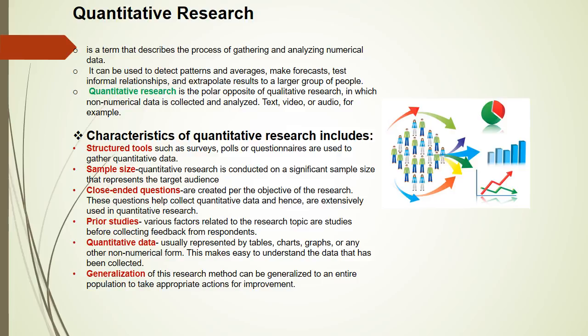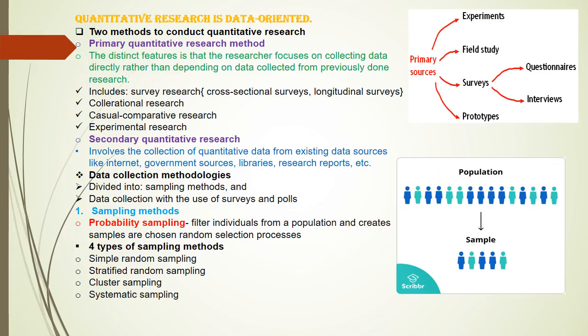These are the characteristics of quantitative research, which include structured tools, sample size, close-ended questions, prior studies, quantitative data, as well as generalization. Quantitative research is data-oriented, and it has two methods which we use to conduct it.